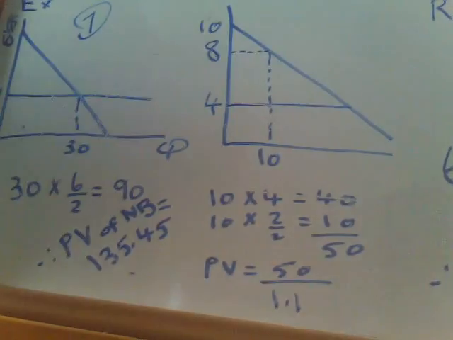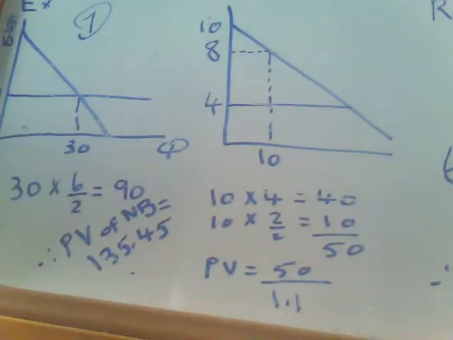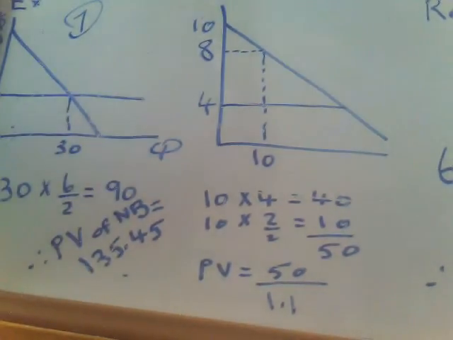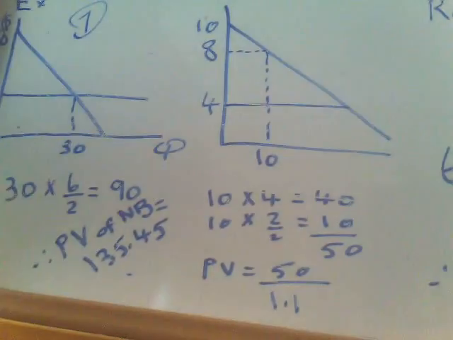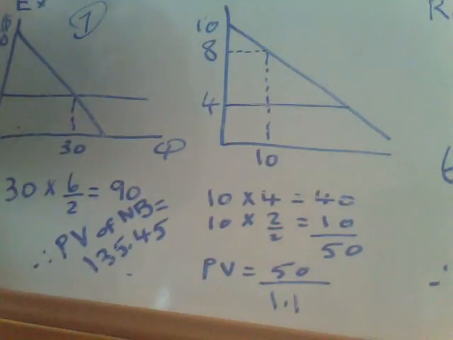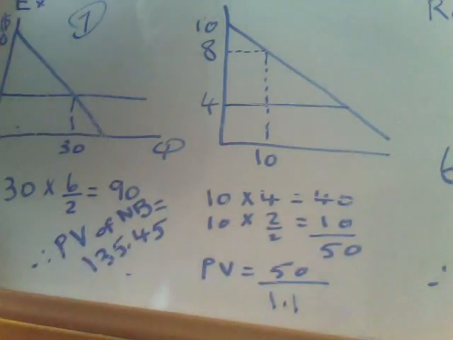Now, let us assume, for the sake of the argument, that total supply in this particular case is 40, and that we have to find out what is the optimum allocation. How are we going to allocate this 40 over 2 periods, 2 years?